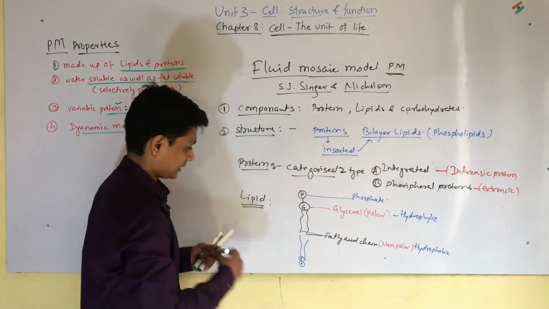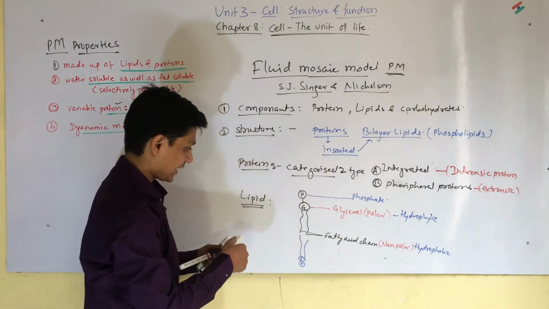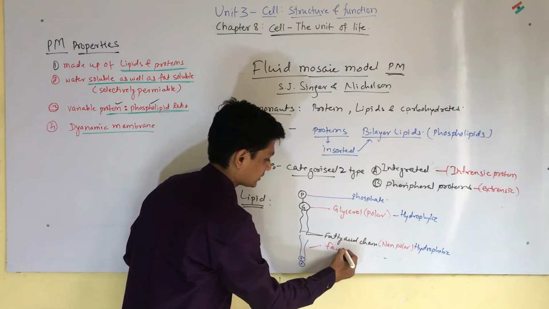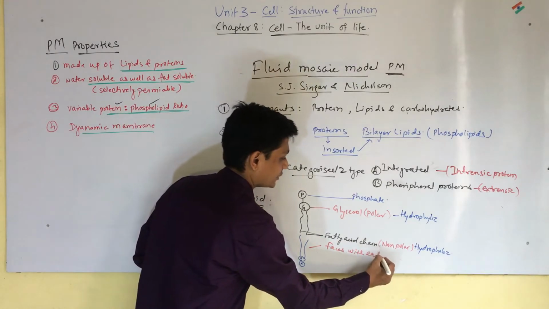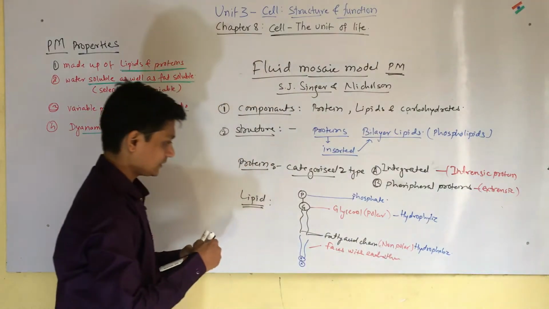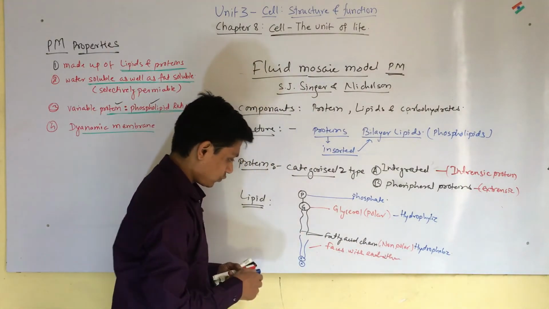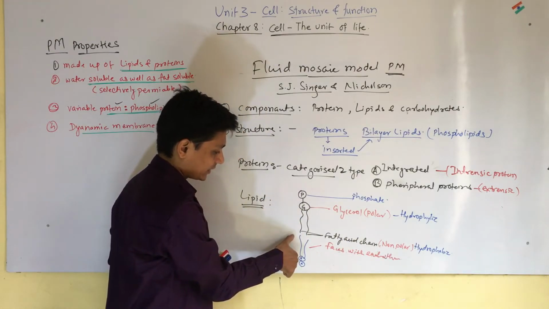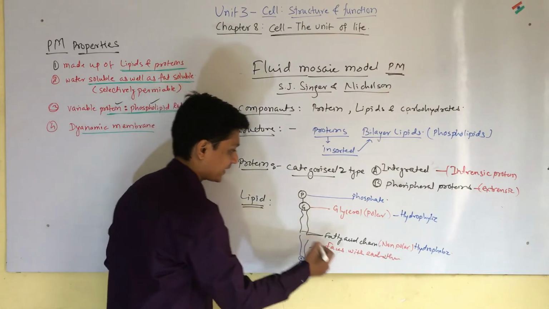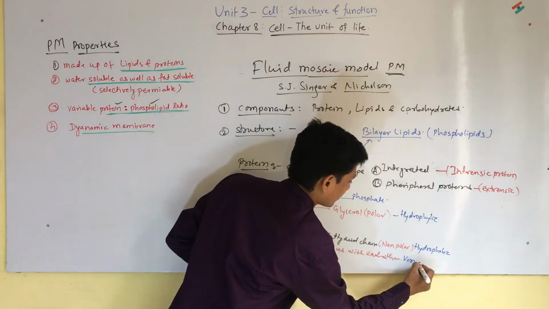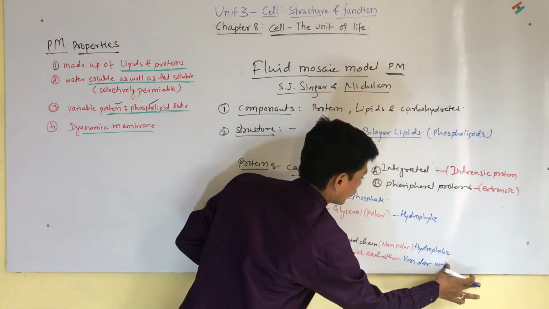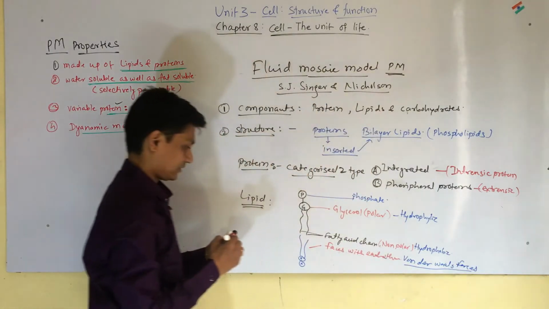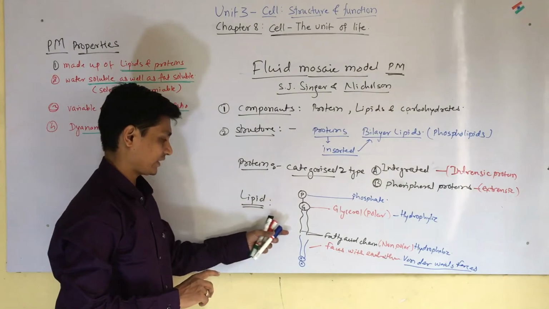This polar part is away from each other, and the tail part, that is the fatty acid part, faces each other, and there is a very weak force of attraction between the fatty acids of one layer of lipid and the other layer of lipid. This force of attraction is known as van der Waals forces of attraction, which is very weak.